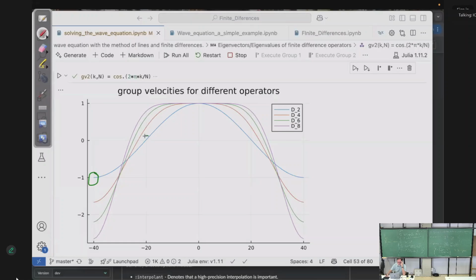And here was a 0 that we saw at half the frequency. So this was a plot where the solution didn't move, and this one was the one that moved in the opposite direction. But notice this one, for instance, the D8 has a very large group velocity in the negative direction. These are symmetric, so it's the same.